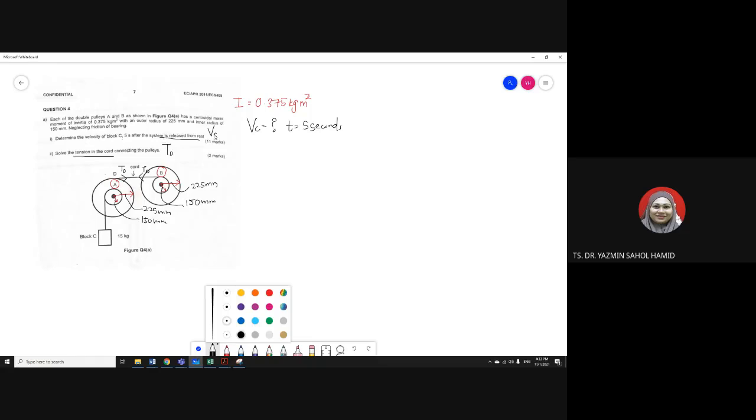Remember, there are two types of principle I taught you for rigid body. Which principle you want to use to solve the velocity? They ask you to find the velocity. They give you the time. Now, which principle you want to use?